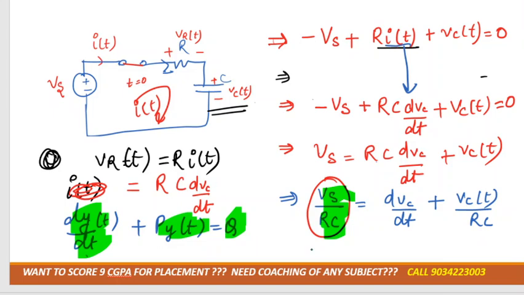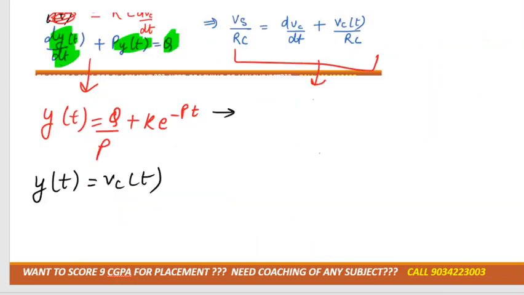So after solving, we'll get Vc of t is equal to, what will we get? Tell me. First you tell me, then I'll tell you. Here they have given dy by dt, and here we have dVc over dt.